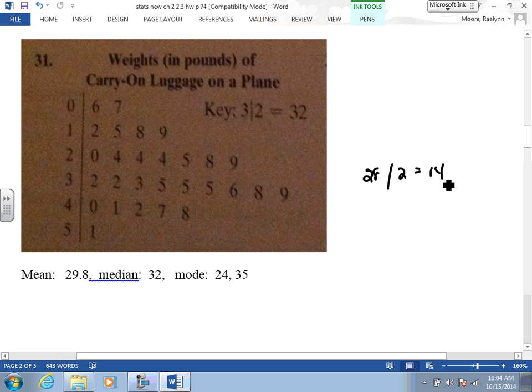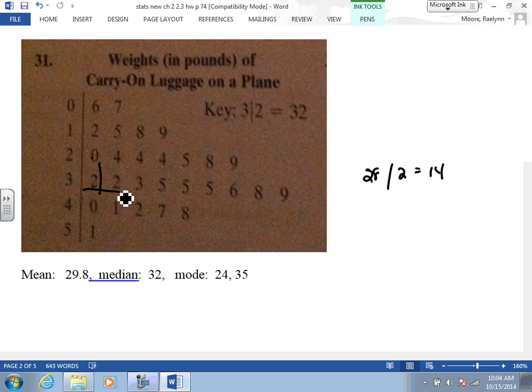Now your even numbers, if you think about your even numbers, it's always in between two of them. Your odd numbers is always the one in the middle. So if I count 14, 14 is right here. Unfortunately, it comes right between both of them. So that's the 32. There's your median.